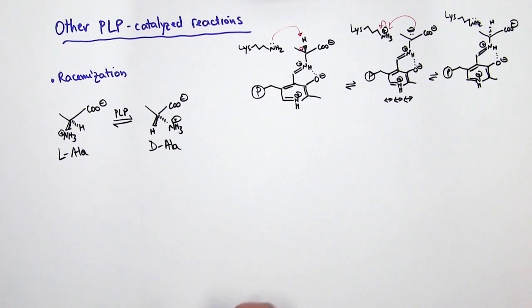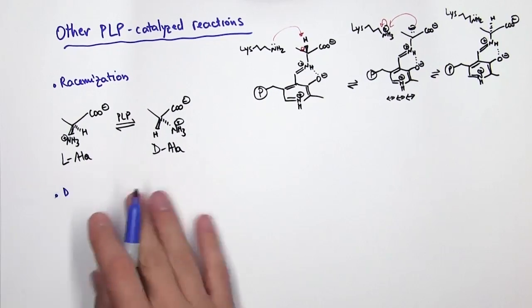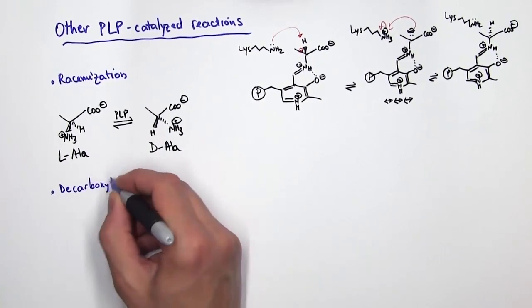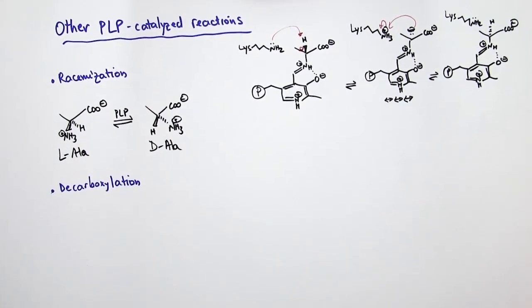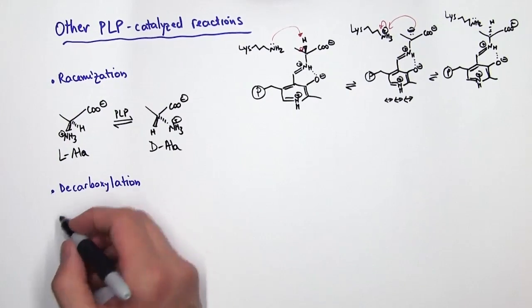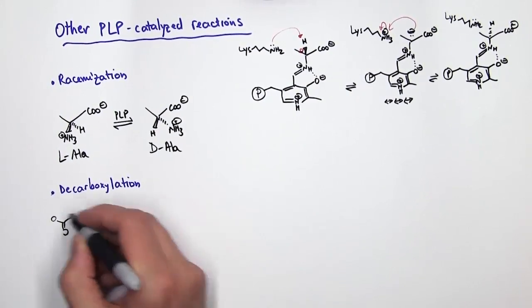Now, another interesting reaction that requires PLP is decarboxylation. Here, we're looking at an amino acid, for example, glutamate.